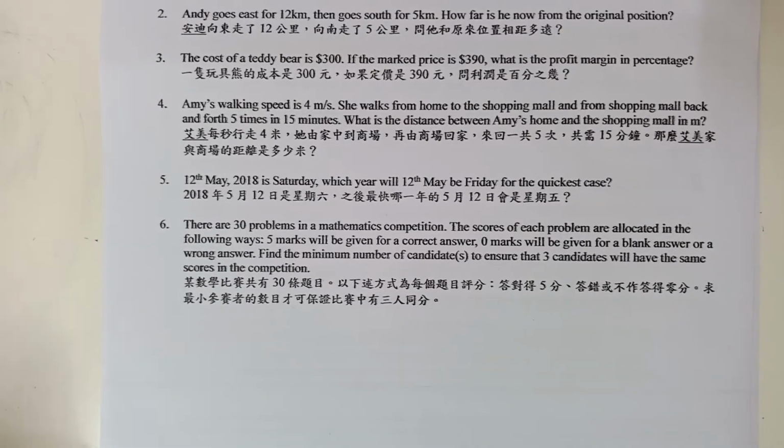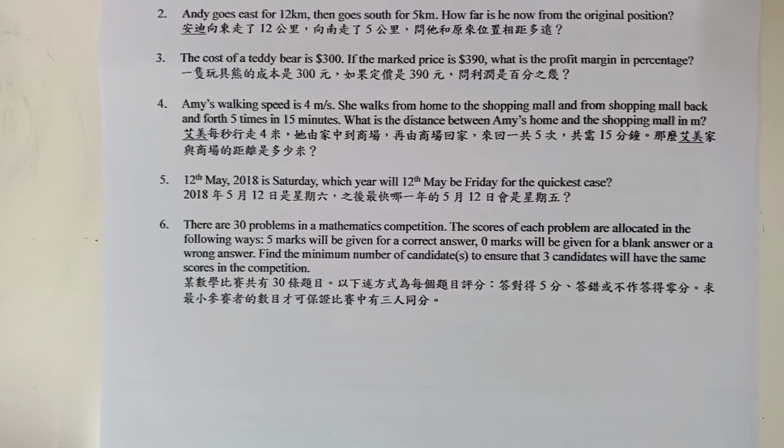30 problems in a math test. If you get the correct answer, you will get 5 points. If your answer is wrong, you'll get 0 points. If you leave it blank, you will get 0, with no deduction to your score.